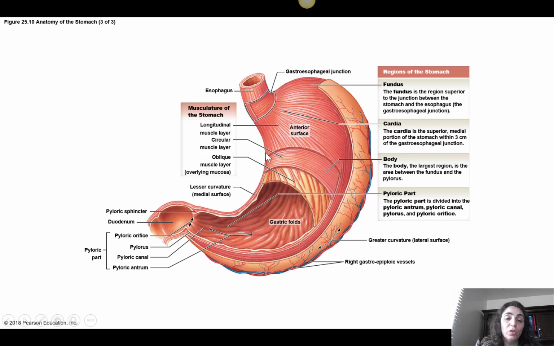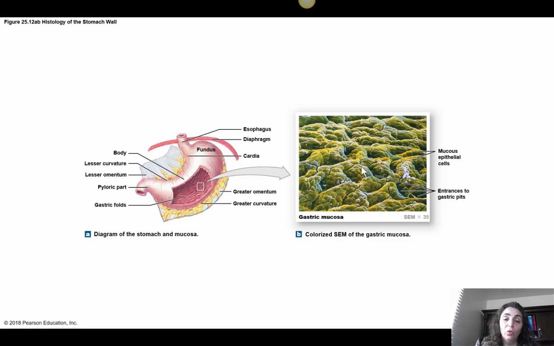Oblique is the innermost one, then you have circular in the middle, and longitudinal in the outer one. And then outside of all these, you have serosa. As you remember, the stomach is intraperitoneal, therefore it is covered with the visceral peritoneum all outside.